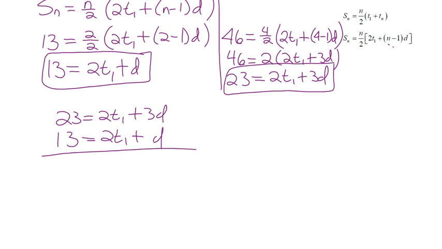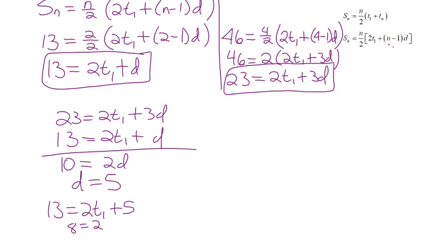If we subtract, the 2t1s are going to be eliminated, so we're solving by elimination. So 10 is equal to 2d, and d is equal to 5. But now we need t1. We'll go up to here: 13 is equal to 2t1 plus 5. 8 is 2t1, and t1 is 4.